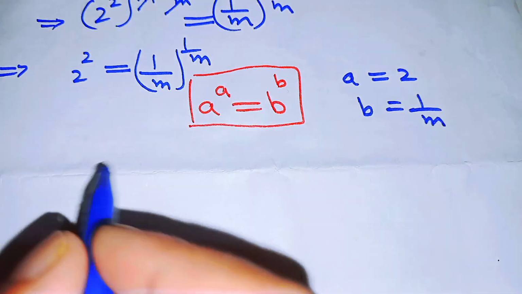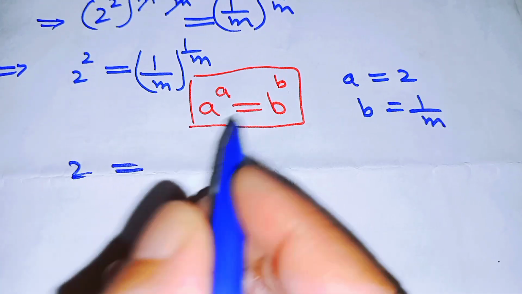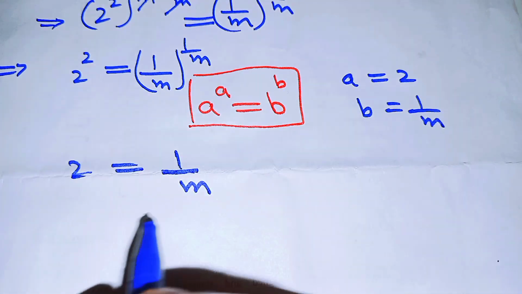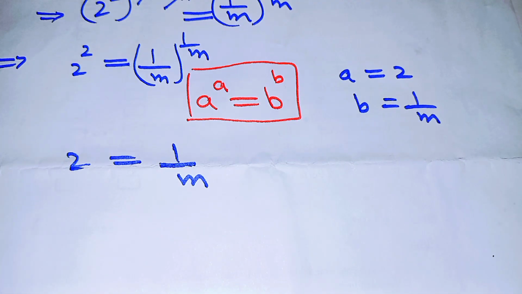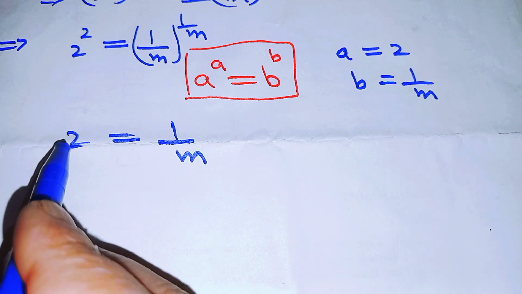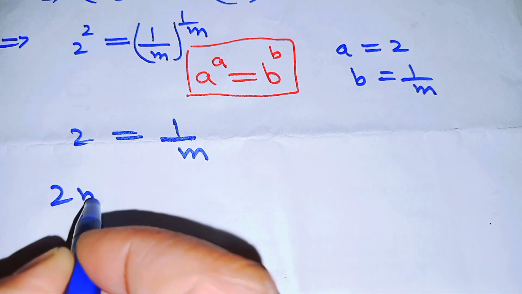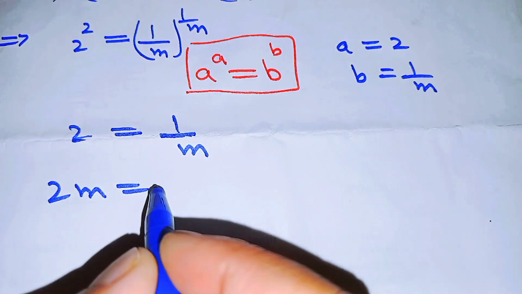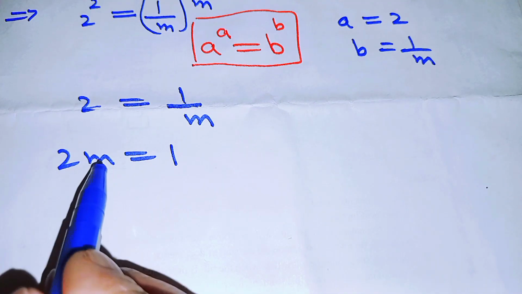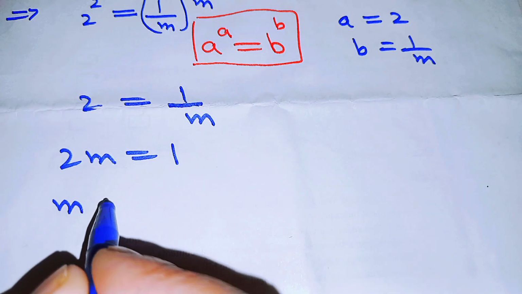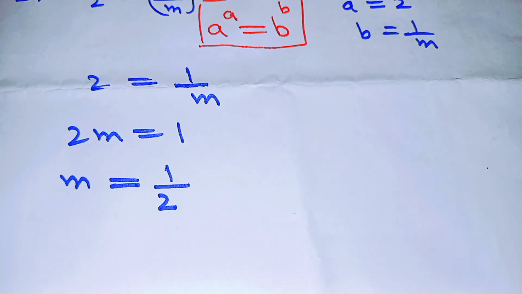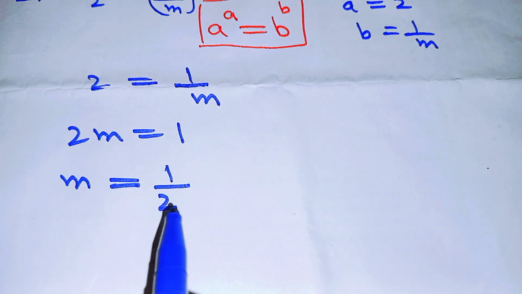So a is 2 and b is 1 over m. Now we do cross multiplication: m multiplied by 2 is equal to 2m, which is equal to 1, so m is equal to 1 over 2. Therefore m is equal to 1 over 2, the value of m.